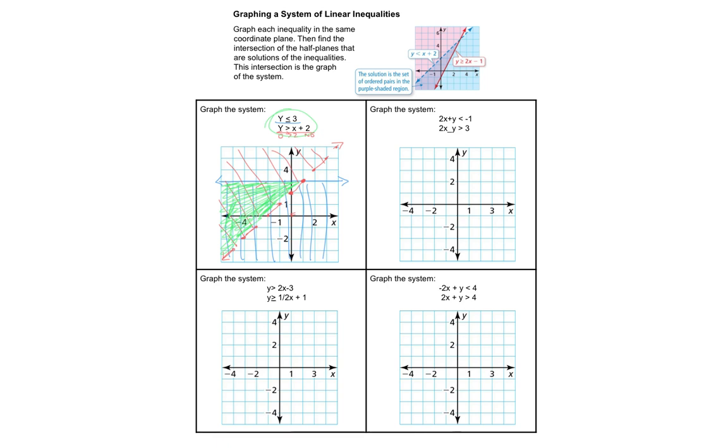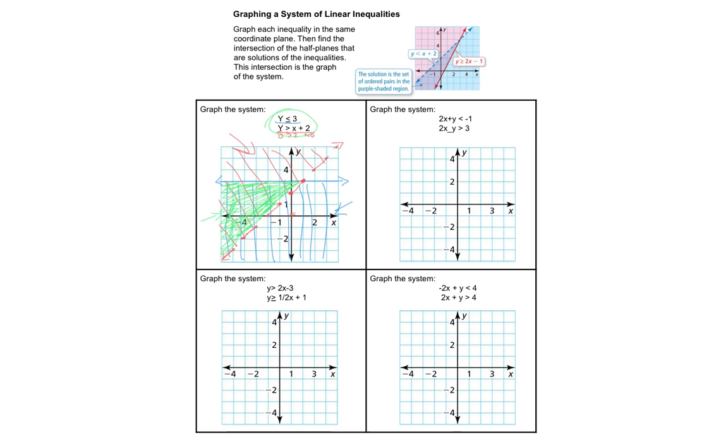Like this area would only satisfy the blue. This area would only satisfy the second equation. But this area here will satisfy both equations, or inequalities, okay? So you shade both, and where your shading is intersecting, that's your solutions to your systems of inequalities.